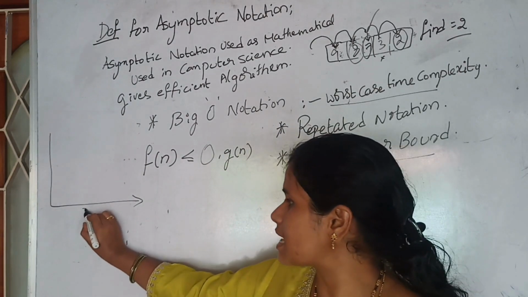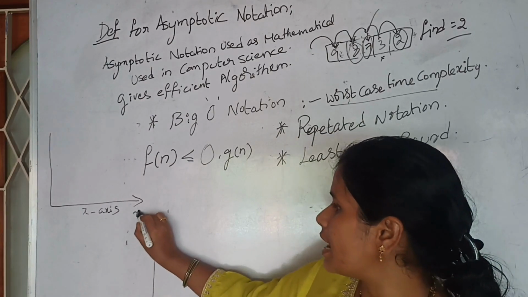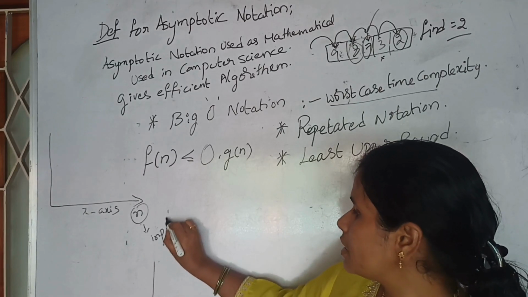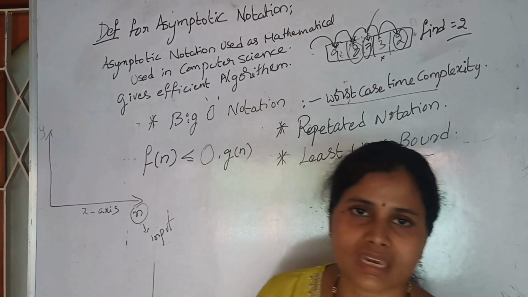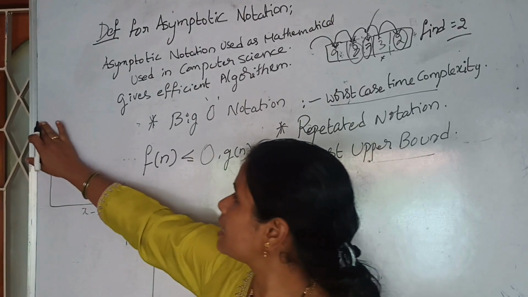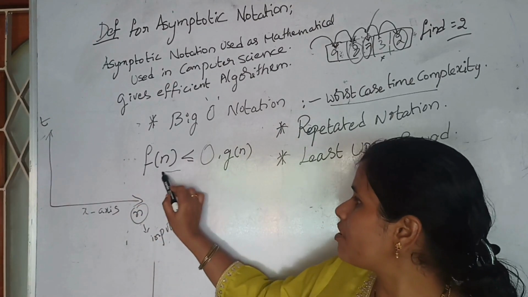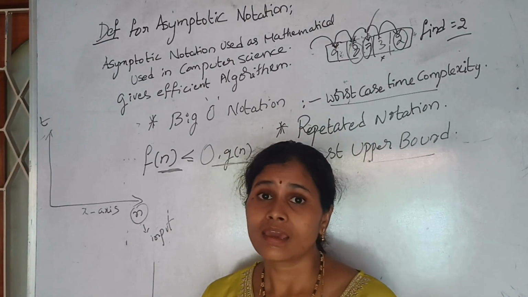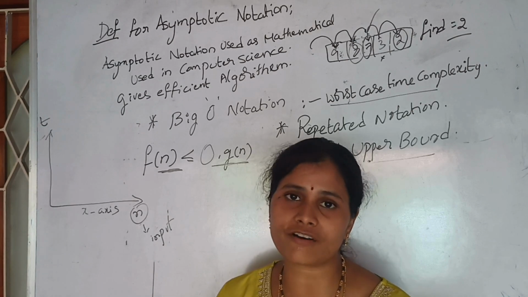So this is the x-axis. The x-axis carries n, where n means input. The y-axis means time. Here f of n is less than or equal to O of g of n, that is, the value of f of n is lesser than g of n.